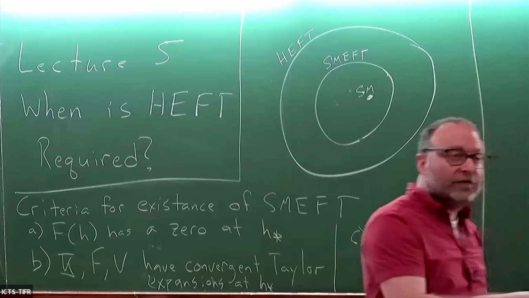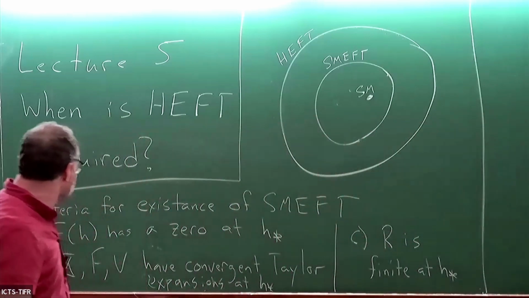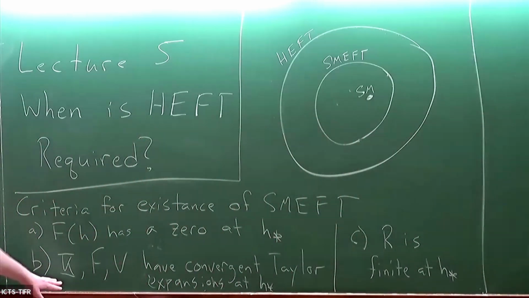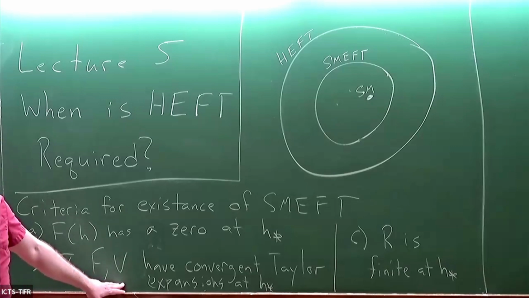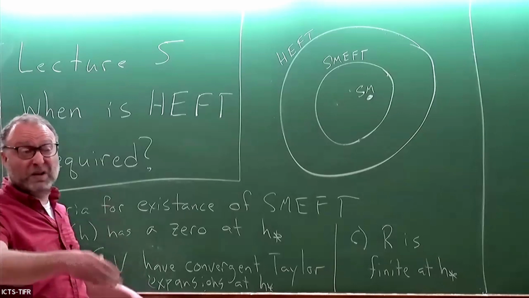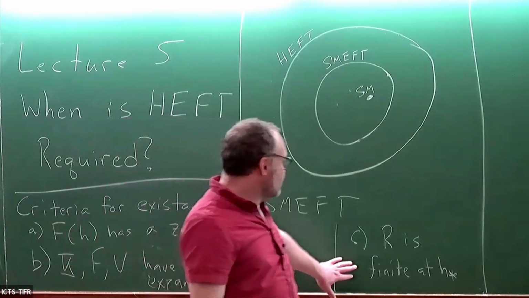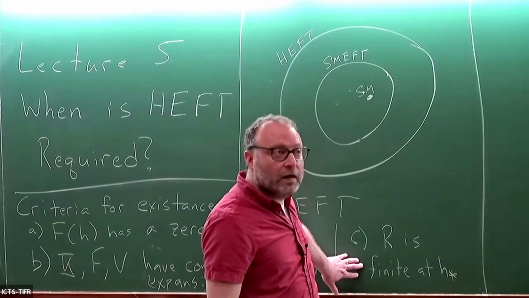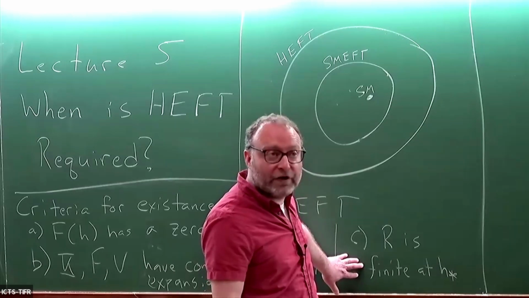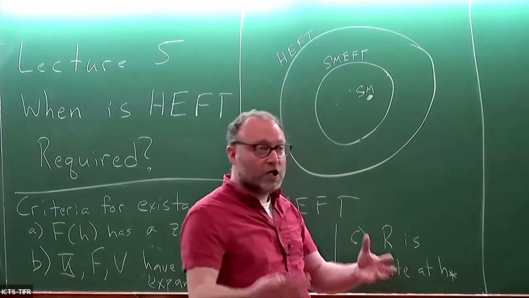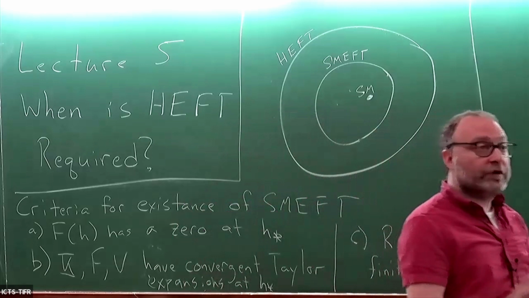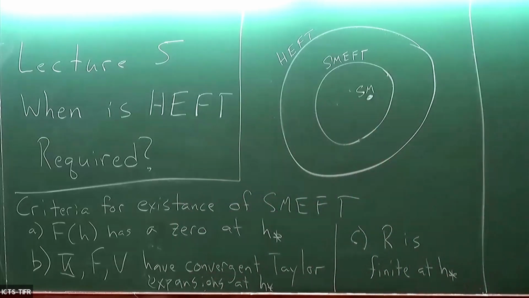But it's not enough. We also need to satisfy analyticity requirements. So we need the functions that live at H star to have convergent Taylor expansions, basically to be polynomials. And we also have this additional very geometric criterion, which is that we compute the Ricci curvature at the point H star and make sure it's finite.